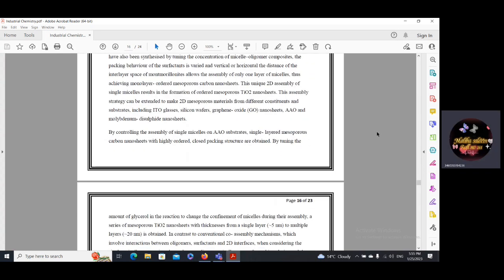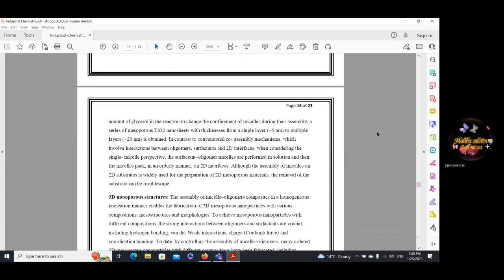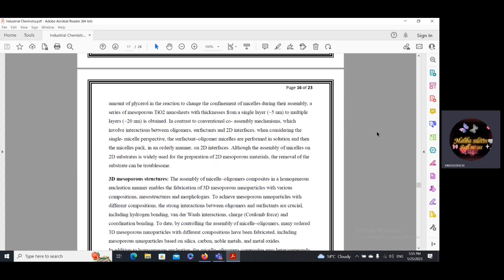By controlling the assembly of single micelles on a substrate, single-layer mesoporous carbon nanosheets with highly ordered close-packing structures are obtained. By tuning the amount of glycerol in the reaction to change the confinement of micelles during their assembly, a series of mesoporous tin oxide nanosheets with thickness from a single layer, approximately 5 nm, to multiple layers, approximately 20 nm, is obtained, in contrast to the conventional co-assembly mechanism, which involves interaction between oligomers, surfactants, and 2D interfaces.